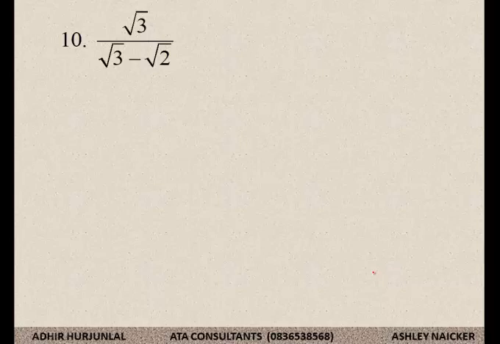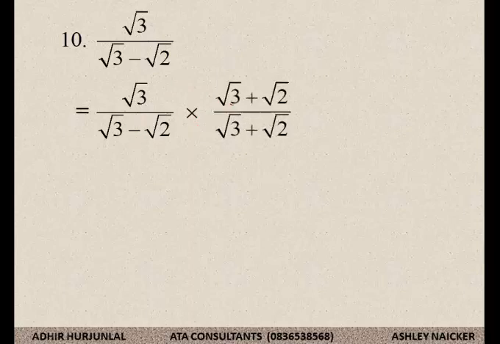In example number 10, as I said, just about the trickiest example, but let's go ahead and check if we got it right. If I look at this example here, I have to multiply by the conjugate. There's your fraction multiplied by the conjugate. The only thing that changes is the sign.